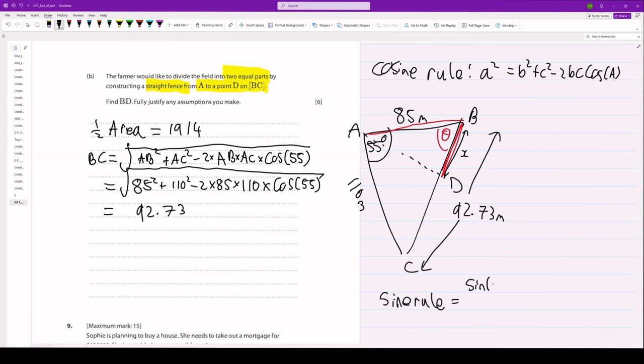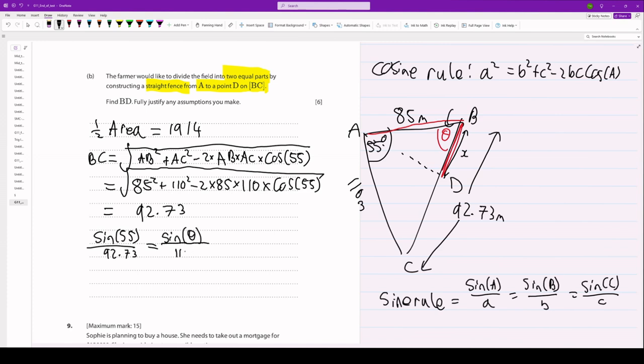So we're going to use the sine rule, being sine A over A is equal to sine B over B is equal to sine C over C. Let's use that. I'm still going to call this theta, this little squiggle. So sine 55 divided by 92.73 is equal to sine theta, the unknown thing that I would like to find, divided by 110.